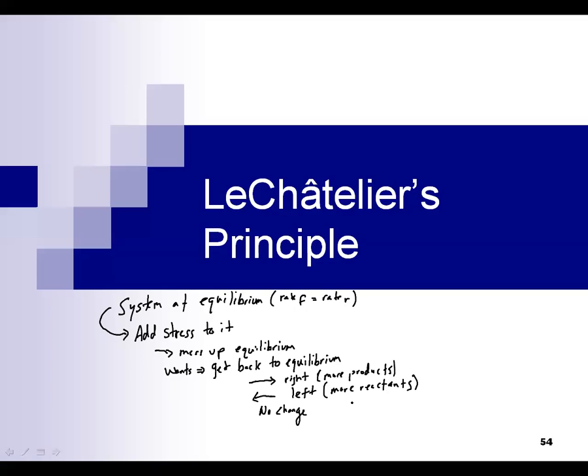So what happens is you have the system at equilibrium, you add the stress to it, it messes it up. It's like, I want to get back to equilibrium. So again, it may go to the right to do that. It may go to the left to do that. It may actually not have to go either way because there will be no change that occurs. And then it will once again get back to equilibrium.